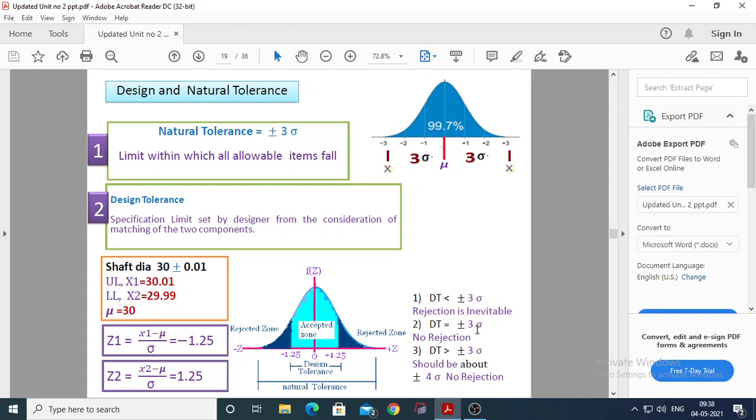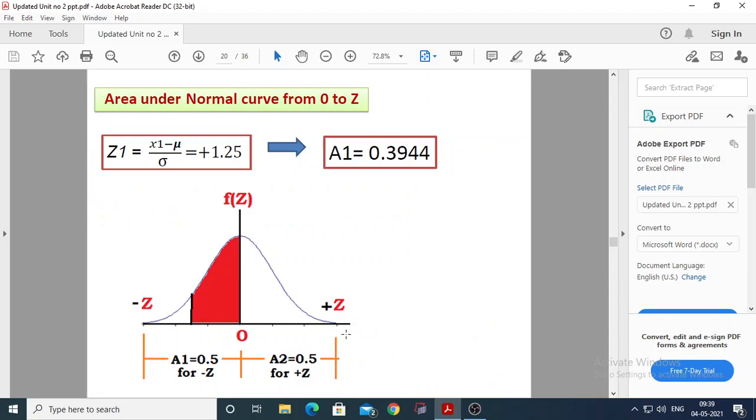If the design tolerance is equal to plus or minus 3 sigma, there is no rejection, meaning both curves are the same. But if the process is off center, then we will get some rejections, as we have seen. And the third condition is that the design tolerance is greater than plus or minus 3 sigma, say about plus or minus 4 sigma, where there are no rejections.